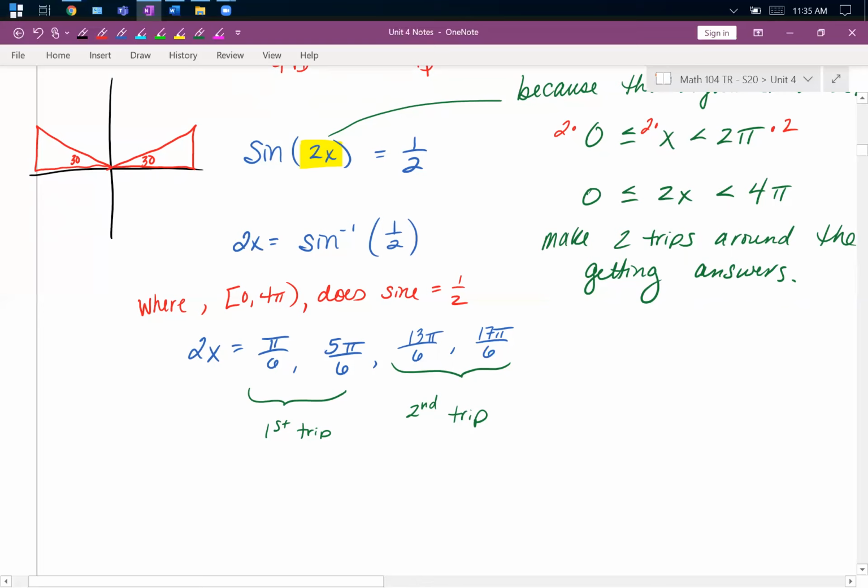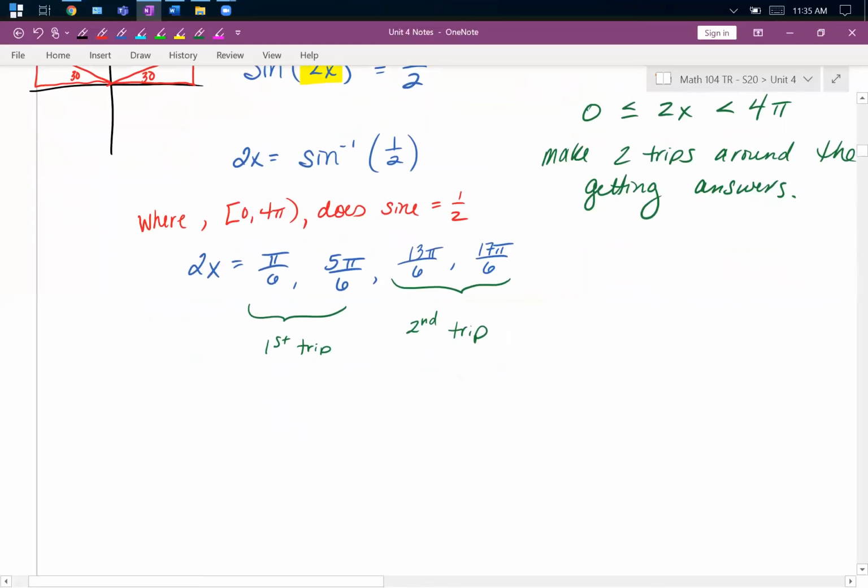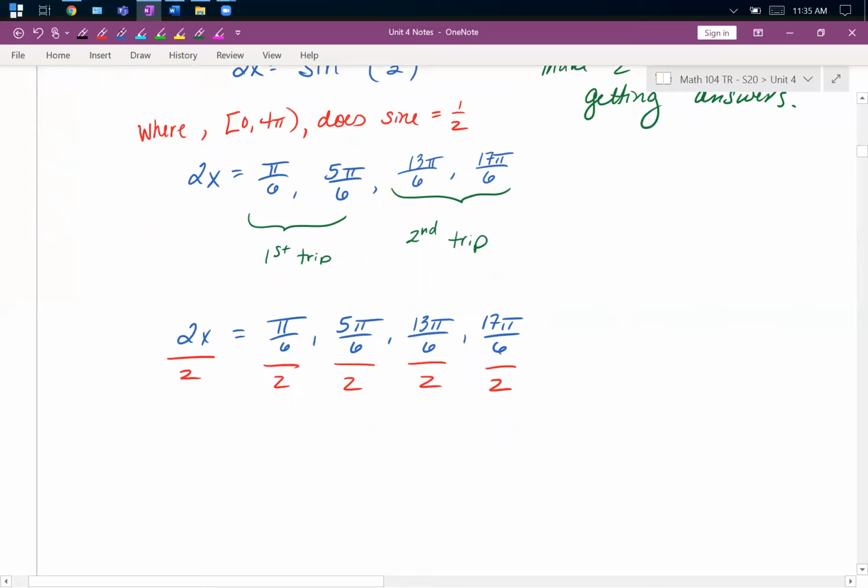The very last thing we need to do, see, we're trying to solve for x, not 2x. We now need to divide every single one of our solutions by 2. So every single one has to be divided by 2 because we're solving for just x.